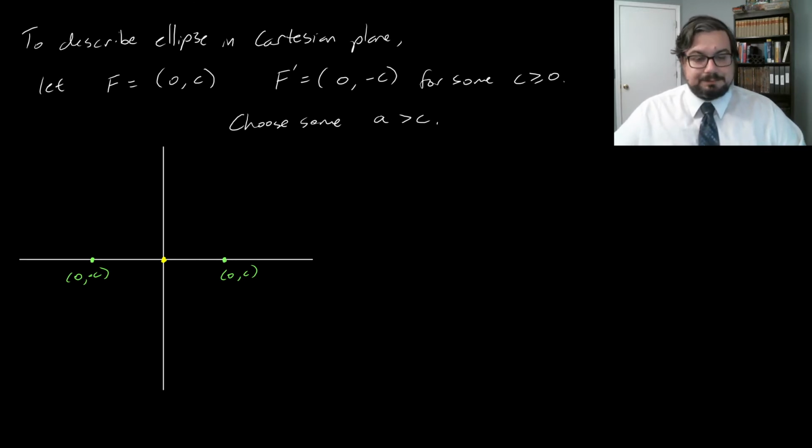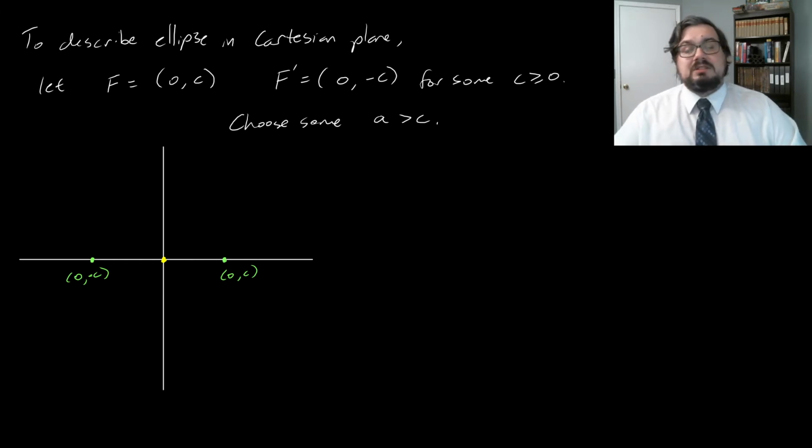It'll be impossible. And then on the other hand, if we want the sum of the distances to the 2 points to be exactly equal to 2c, so if a were actually equal to c, then we wouldn't get an ellipse, we would get just a line segment, the line segment going between these two foci.